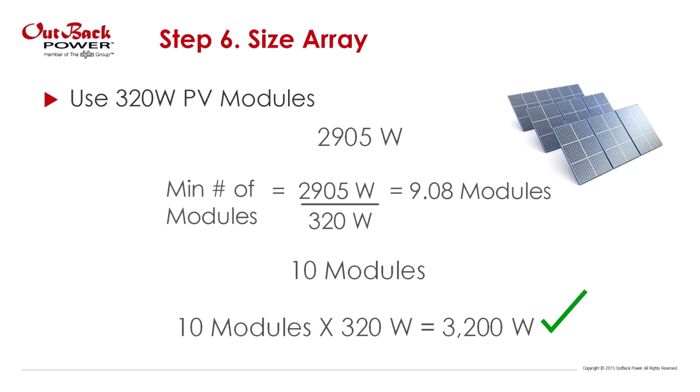However, with our FM100, which is a 100 amp, 300 volt charge controller, you could actually do 2 strings of 5, or 2 strings of 6, or 2 strings of 7 in series. But really, it's whatever is best for your design. So we're going to go with the 10 modules.